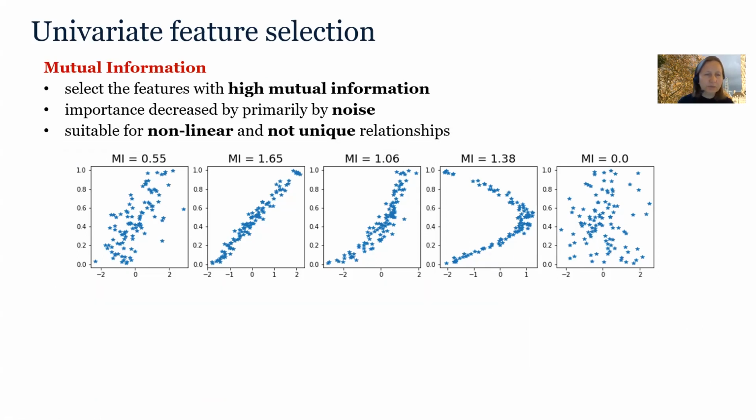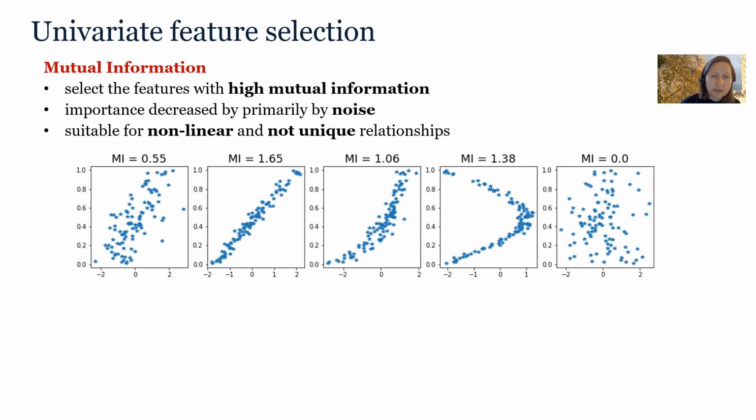The alternative way to measure feature importances is mutual information. Mutual information measures how much information is in common between the features and targets. Both of them are understood as a random variable, and we measure how much information they have in common.